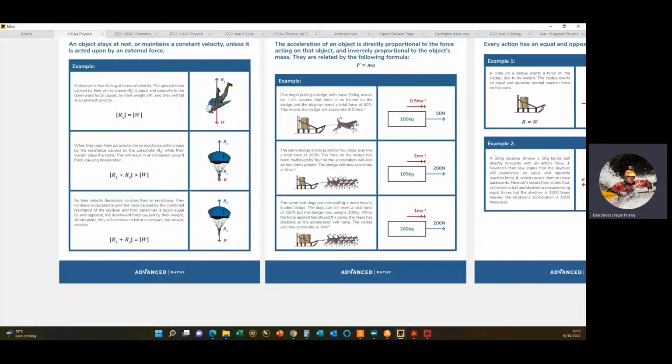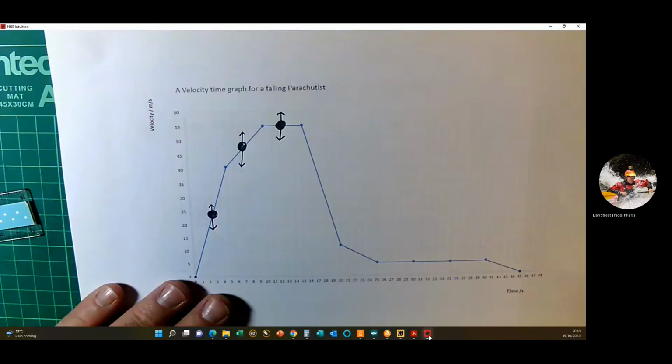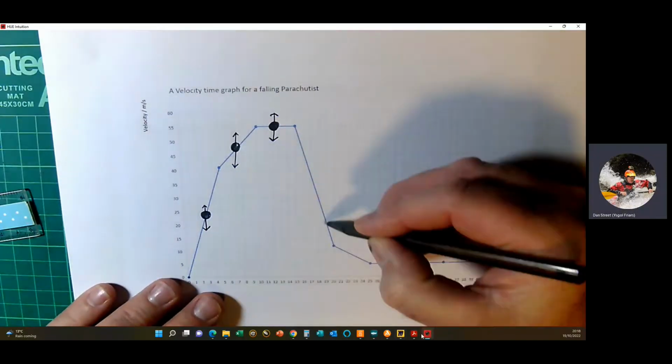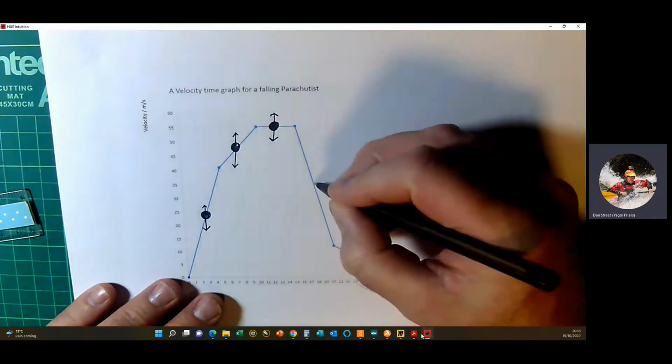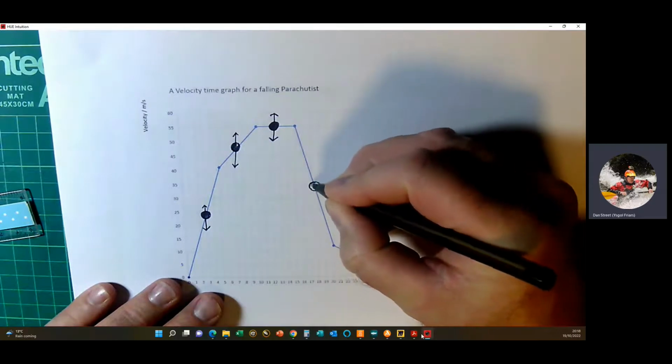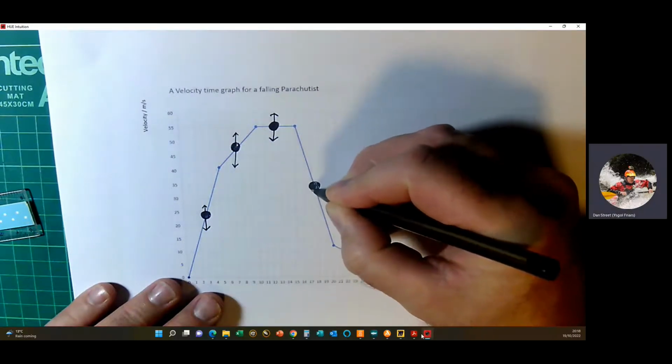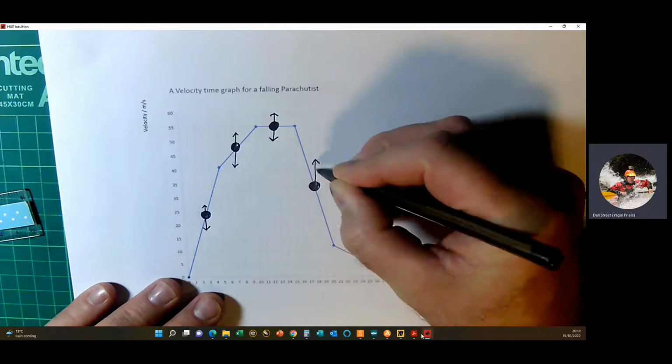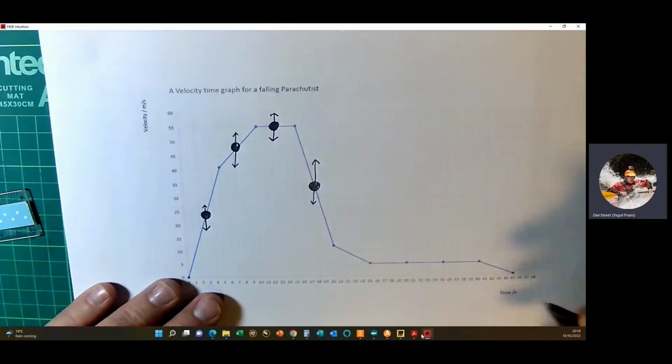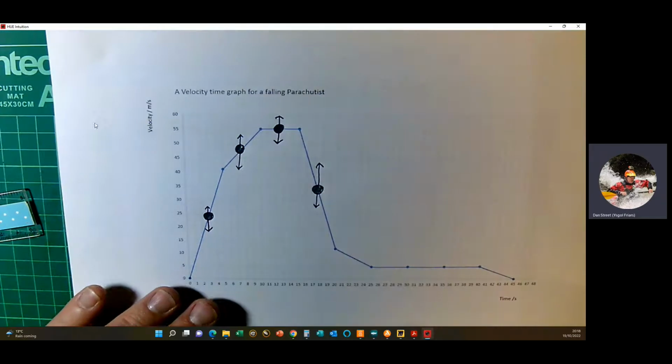Okay, the next point on our graph is here where he decelerates rapidly. Okay, and this is where air resistance is more significant, is a bigger force than the gravity that's exerted on him, and therefore he's decelerating rapidly.